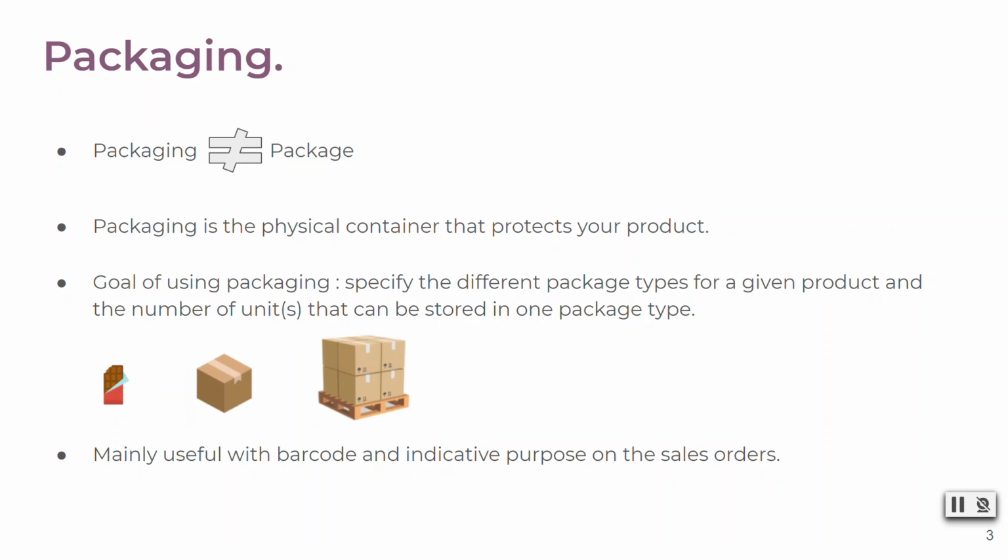So usually you have, for example, a pack of 6, and in a box you can put several packs of 6, and on a pallet you can put several boxes containing several packs. So there are different ways of putting your product in packages, and you know a strict number of units you can put inside.